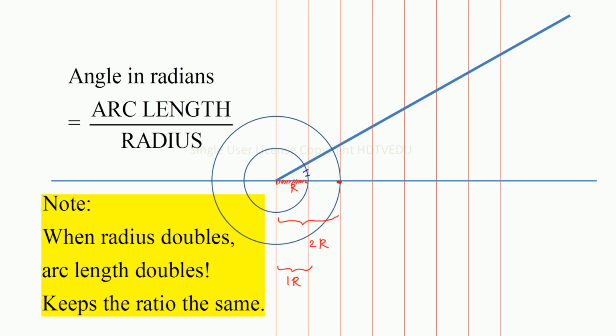So now you increase the radius to twice. Well, let's put the same unit. 1, 2, 3, 4, 5, 6. So 3 units becomes 6 at twice the radius. So the ratio is still the same. So you have the same angle.